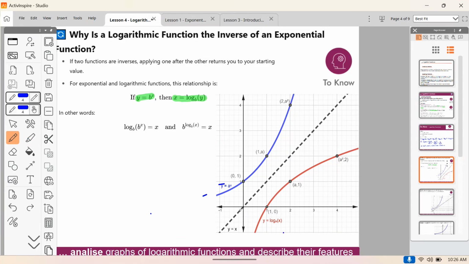What we see here is an example of f inverse of f of x is equal to x, and this one is f of f inverse of x is equal to x. The basic definition of the inverse property.